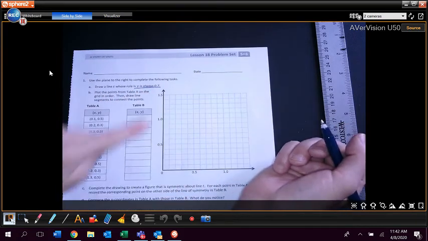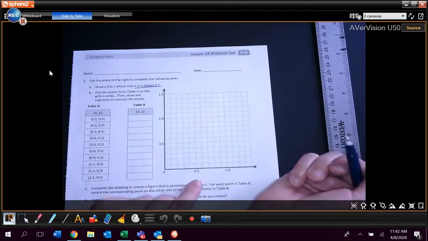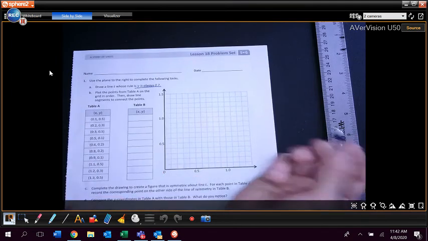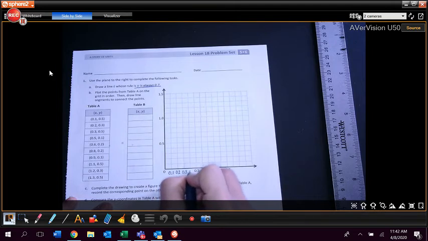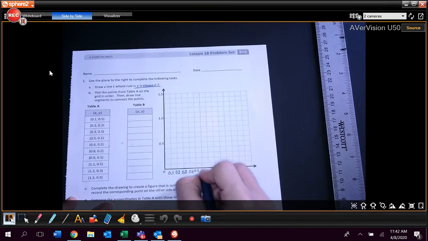Before I start our first key point, which is drawing our line of symmetry, I'm going to make sure all my graph is labeled, especially this one because look, it's not even whole numbers. So we're going to do 0.1, 0.2, 0.3, 0.4. Go ahead and do this if you didn't do it.